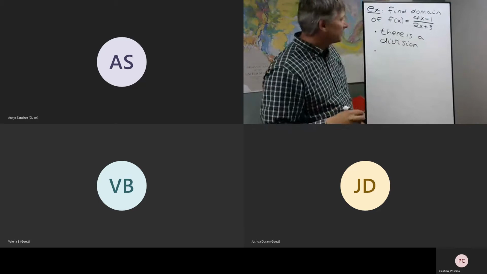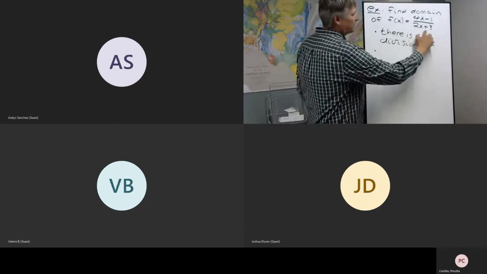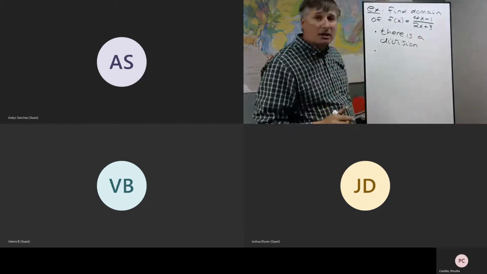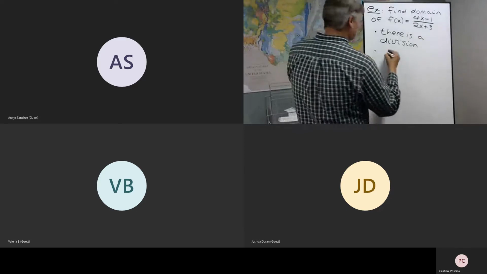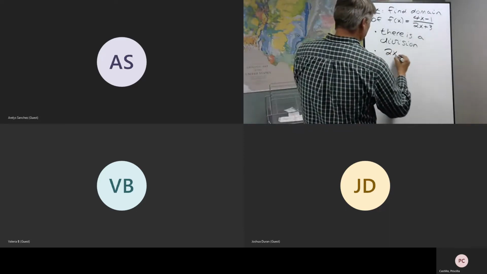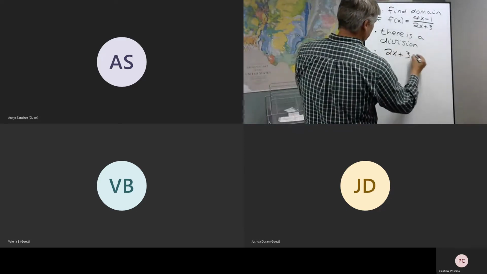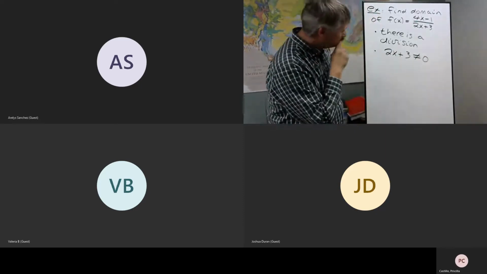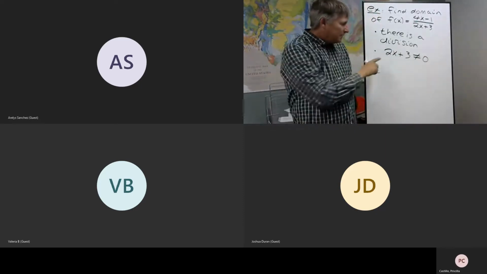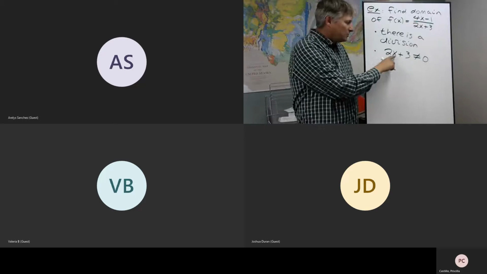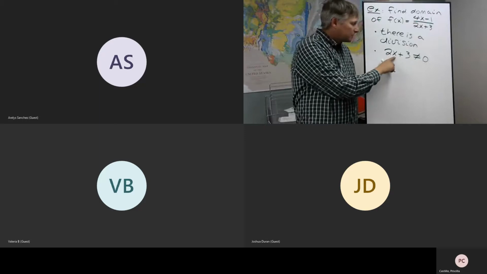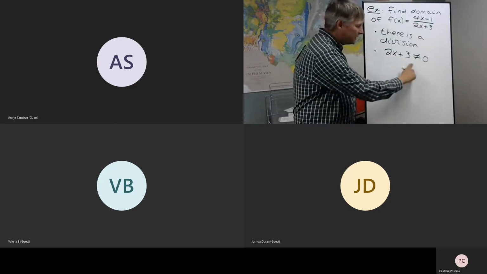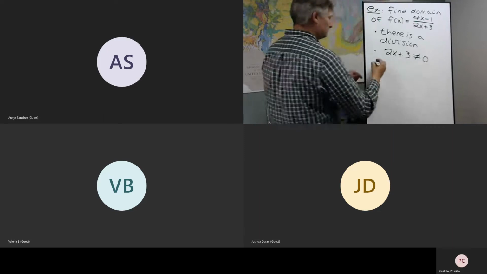And the key thing here, what we're dividing cannot equal zero. So we need to make sure that we do not choose a value for x that causes this thing to be zero.